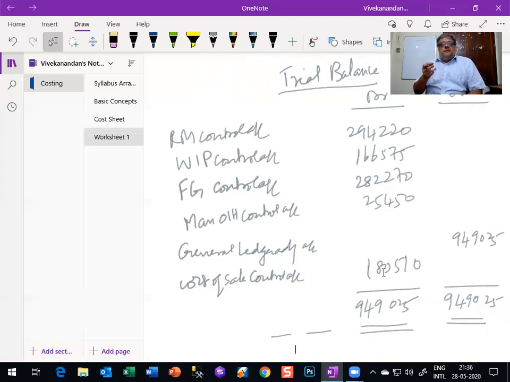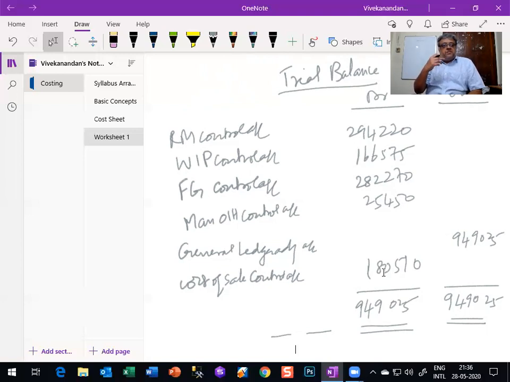So what I recommend is you take a lot of problems and do the journal entry first. Each time you do the journal entry, understand the basics behind it, why this account is coming in. If there is going to be a finished goods account, then it is produced. Produced means, from where is it coming? It is coming from work in progress.